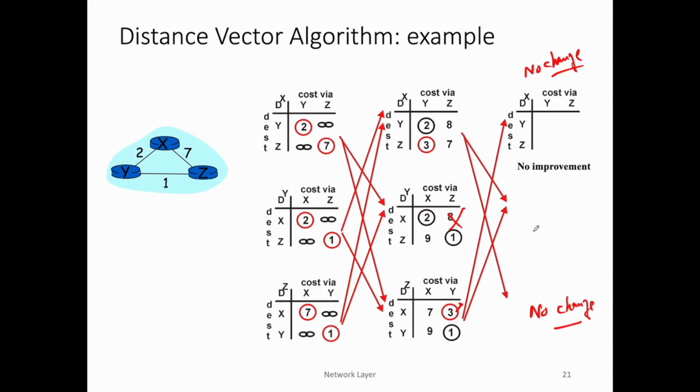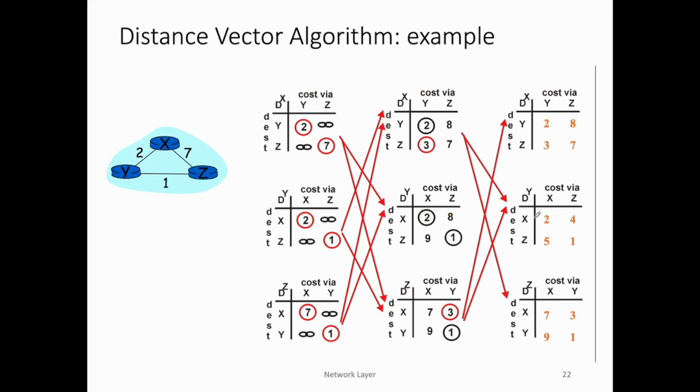But there is an interesting change in the table of Y that we have to understand. You can see there's no change in the table of X, it's the same. There's no change in the table of Z, it's also the same. And by the way, there is also no change in the table of Y in terms of the least cost.